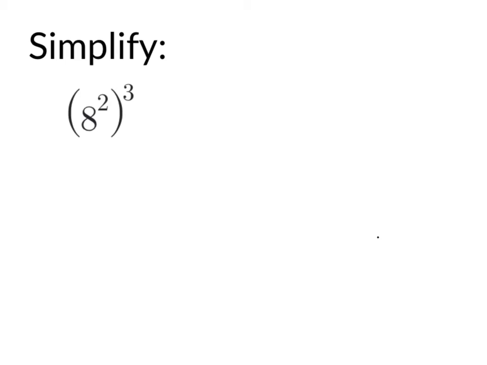So let's try a few examples. If we want to simplify 8 to the second to the third, we don't need to write this out as multiplication. What we can do is recognize that we have a power taken to another power. And so we should multiply those two powers together and get 8 to the 6th.